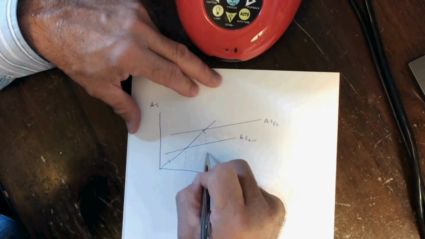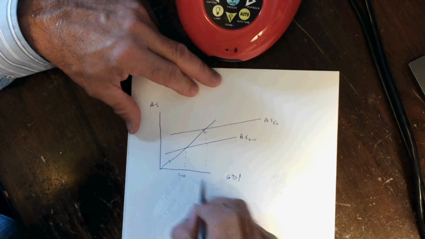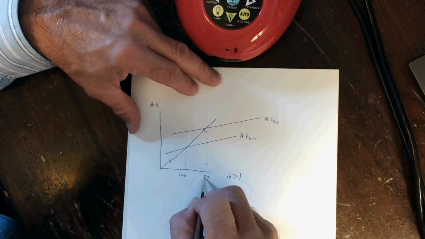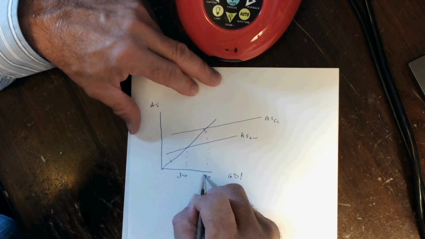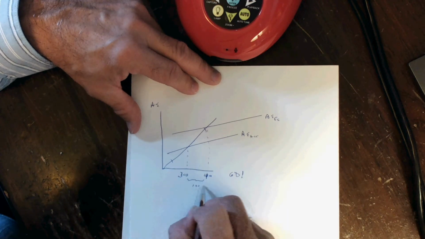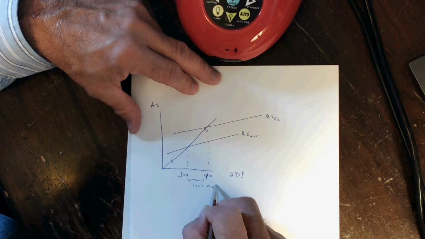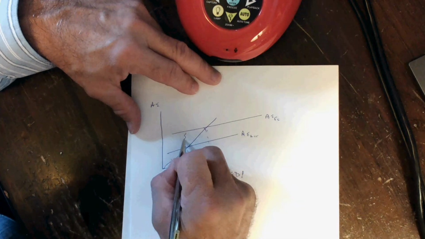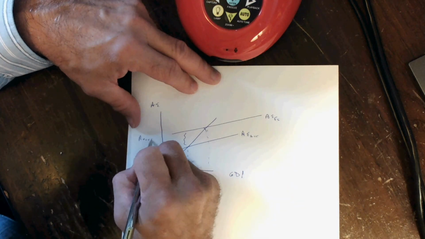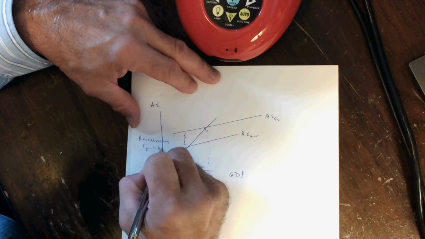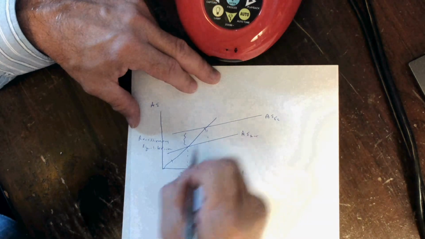Maybe this level of GDP was 100, maybe this was 200, let's make that 300 and 400. We need GDP to change by 100. This is the amount we need GDP to change by in order to get us from a recessionary equilibrium to a full employment equilibrium.